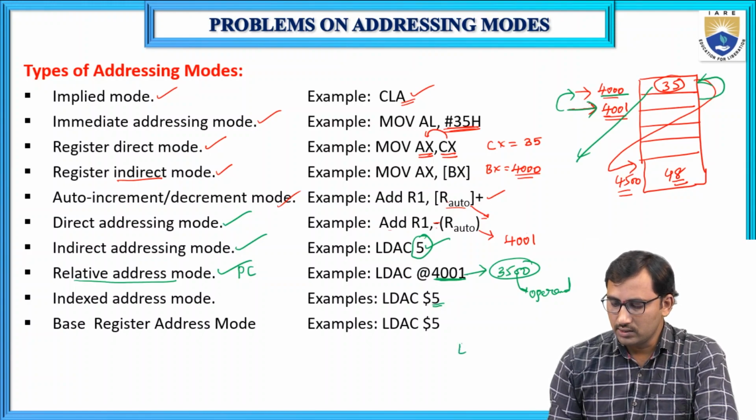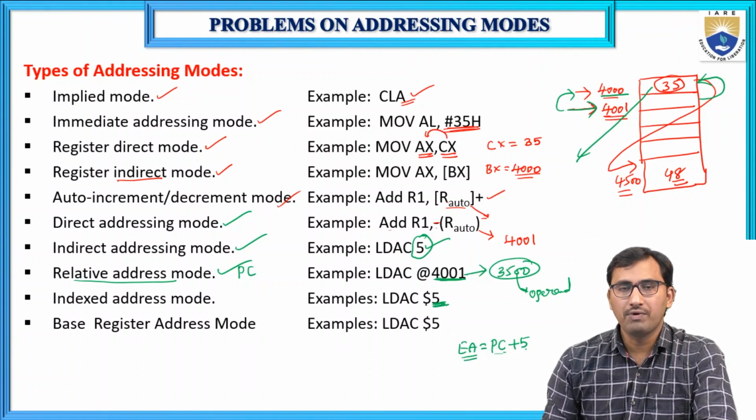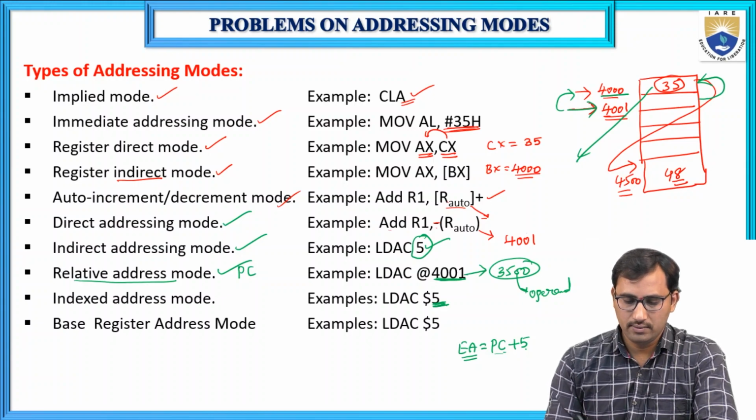The effective address is calculated by adding the content of the program counter with the address mentioned in the instruction. So from that effective address, we are accessing the operand.